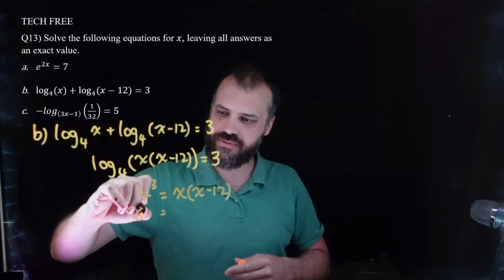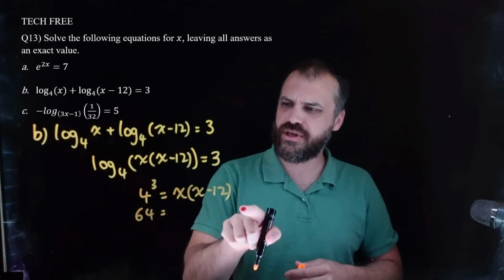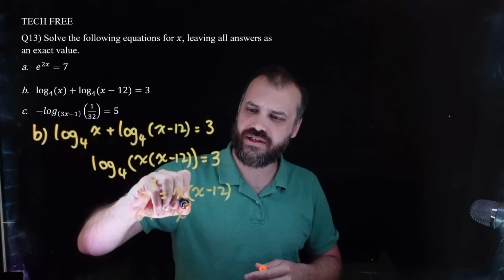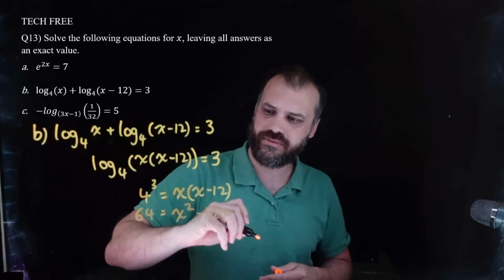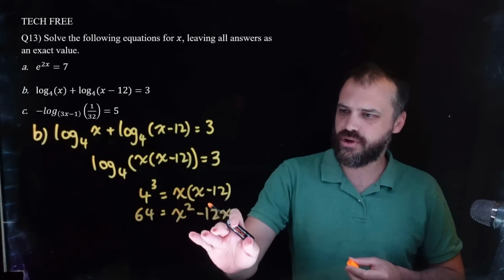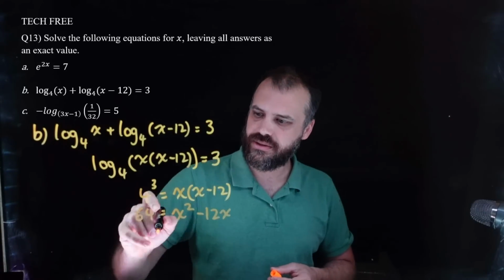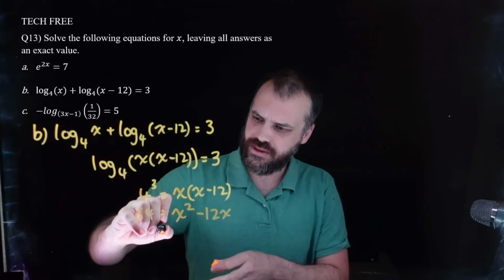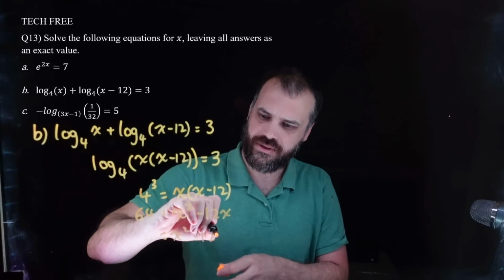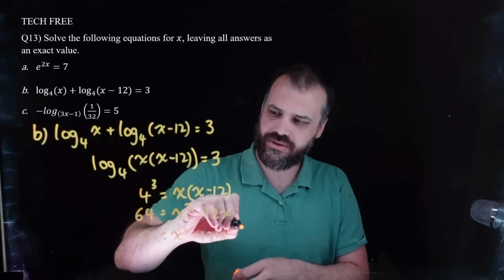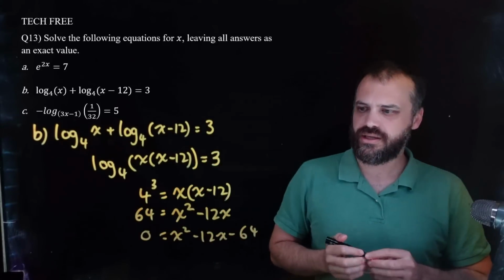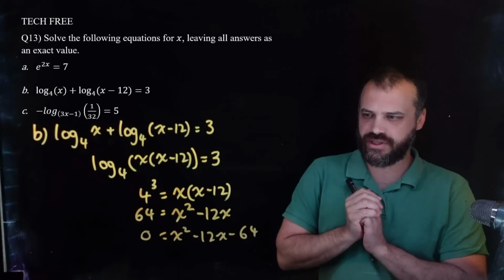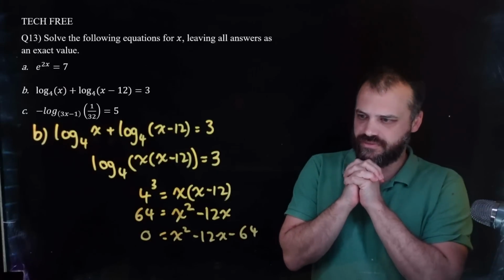That's 64. And then I think I am going to expand this now, because it's feeling a bit quadratic. All right, x squared minus 12x. If I'm going to solve this, it probably needs to be equal to 0. x squared minus 12x minus 64.